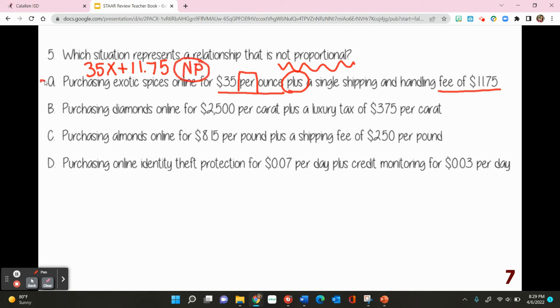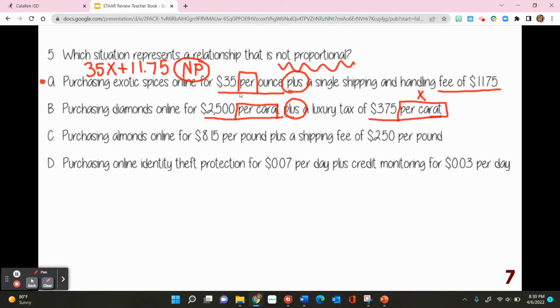Most likely we have already found our answer choice in A, but let's go ahead and continue looking at our answer choices. So B says purchasing diamonds online for $2,500 per carat plus a luxury tax of $375 per carat. Again, we see that the amount they are charging is applied to every carat. So per carat here, and we see per carat there.